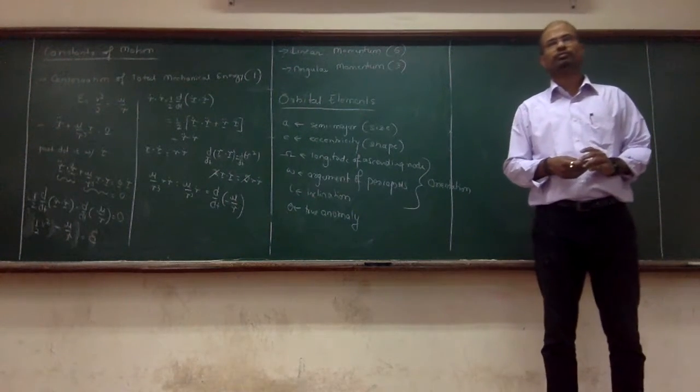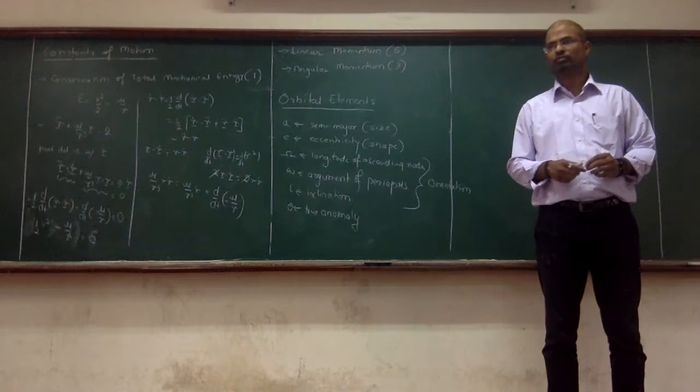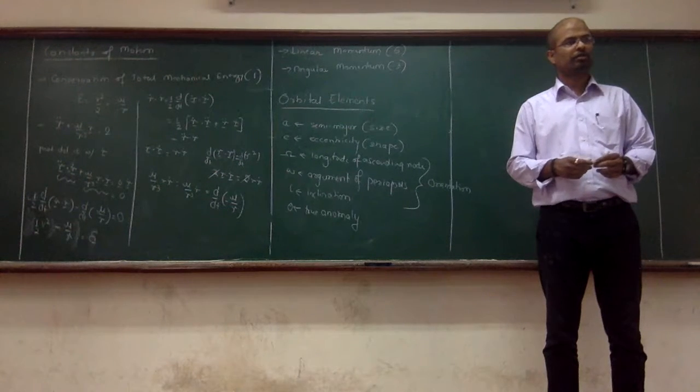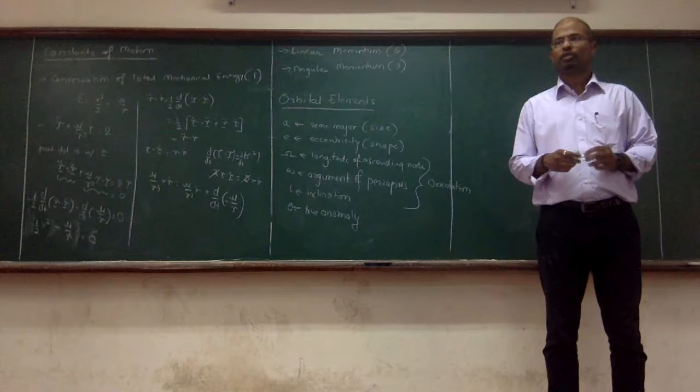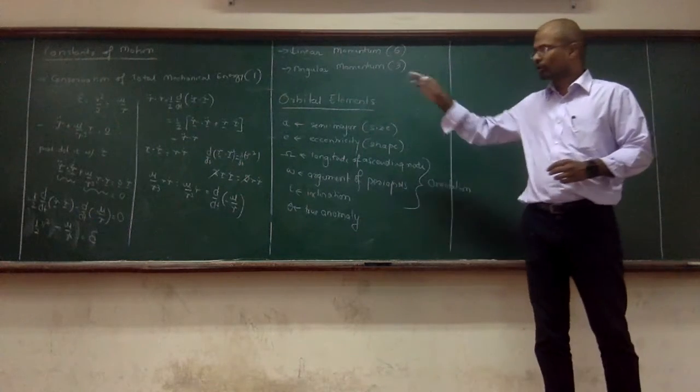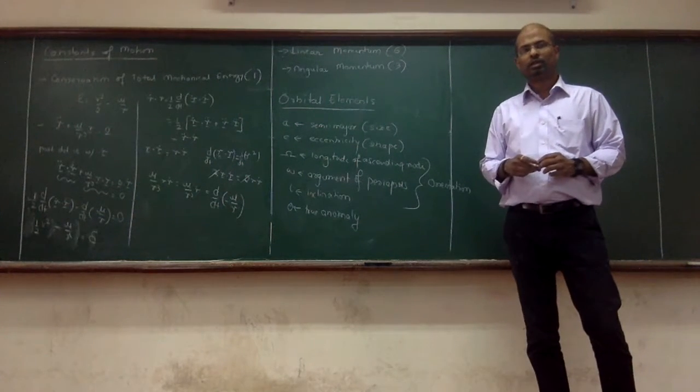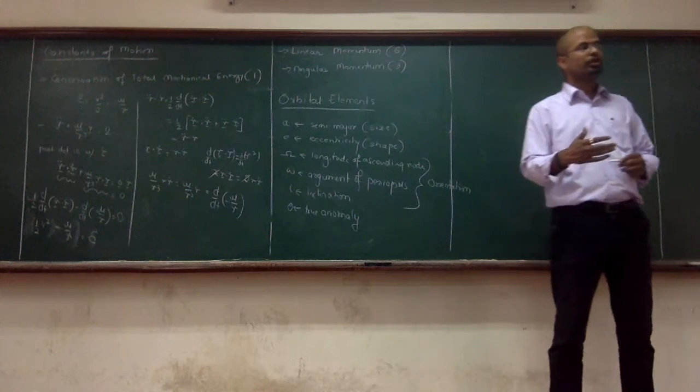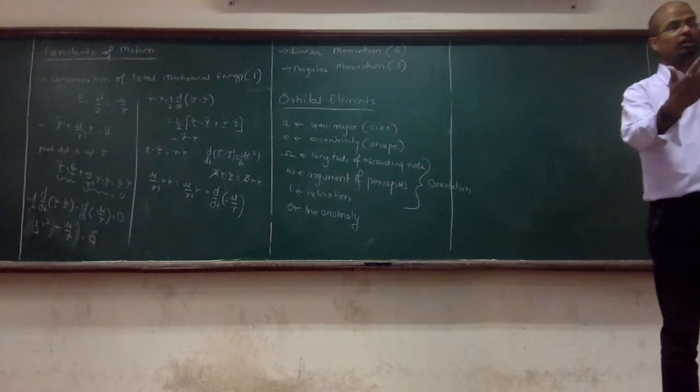Translational motion is relatively easy to understand, but rotational motion is extremely complicated. The work Euler did is still being used for technology.